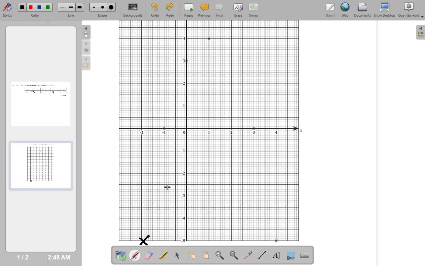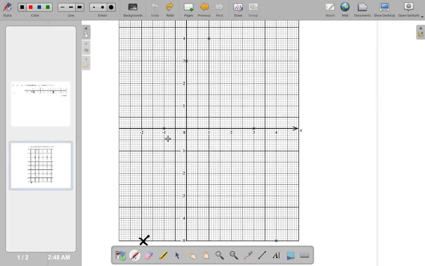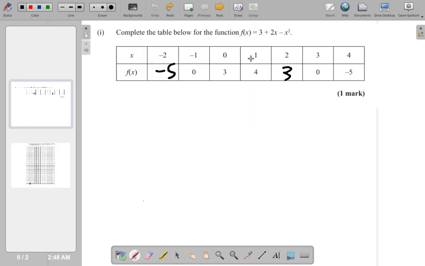So here, this point, negative 1, 0, because along the x-axis this point is at negative 1, and beside 0, so that was negative 1, 0. Good. The next point was 0, 3, so we had 0 on the x-axis, then project upwards to 3 on the y-axis, that's there already. Then we had 1, 4.